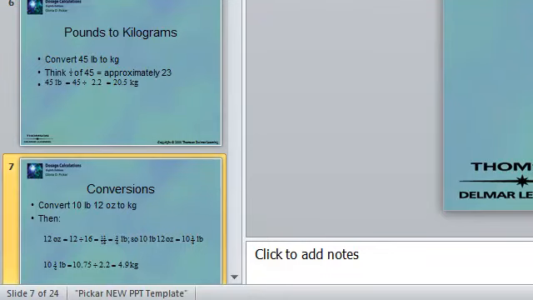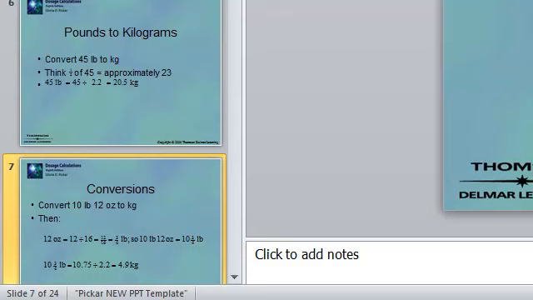If you want to convert 10 pounds, 12 ounces to kilograms, we need to remember that 1 pound is 16 ounces. So if I take 12 ounces divided by 16, that would change it into a fraction of a pound, 12 over 16, which is 3/4.